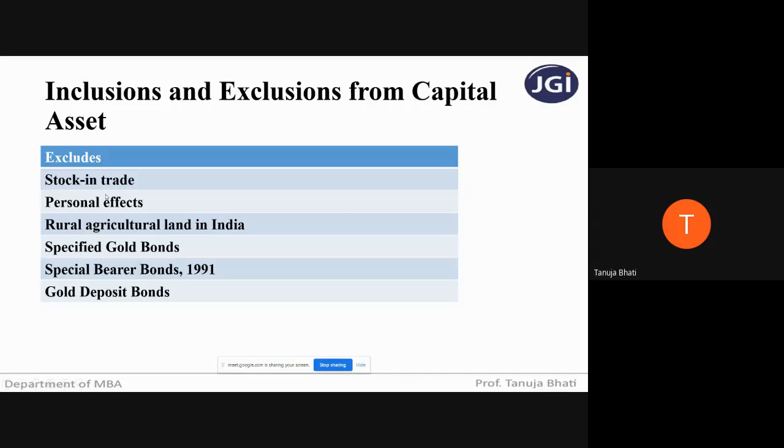So keep it in mind. Stock in trade is not a capital asset. Movable personal effects are not a capital asset. Rural agricultural land in India is not a capital asset. Specified gold bonds, special bearer bonds, and gold deposit bonds are not a capital asset.